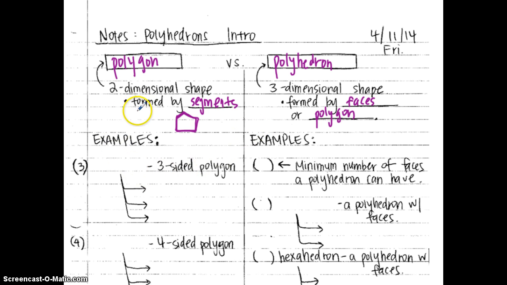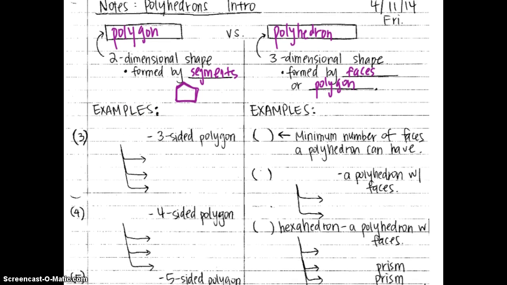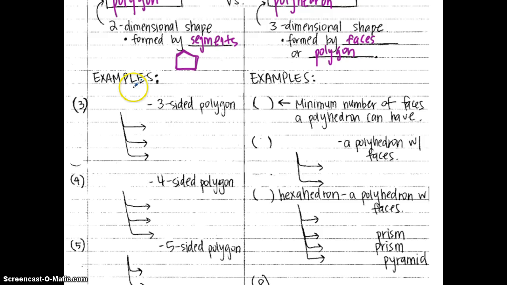Now, we're going to review our polygons real quick and take a look at some of the names. So, for example, a three-sided polygon is called a triangle. And triangle is the most generic, the most general term. Now, a triangle can get more specific.